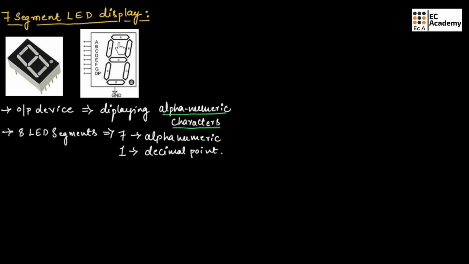The LEDs are named as A, B, C, D, E, F and G, and the decimal point is represented as DP, as shown in this figure. So, LED segments are named from A to G, which are used to represent alphanumeric characters, and DP is used to display the decimal point.